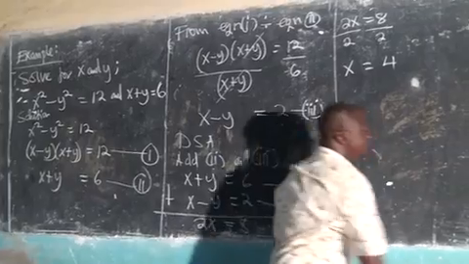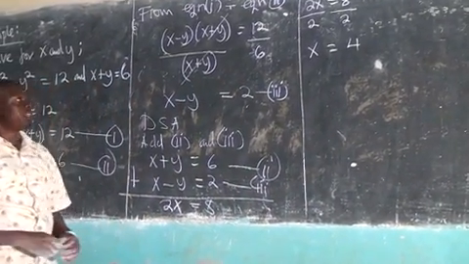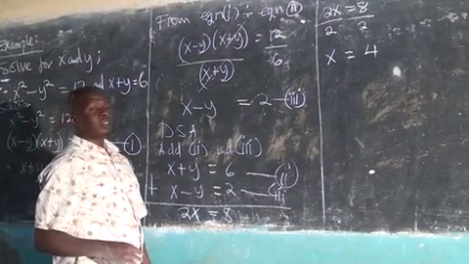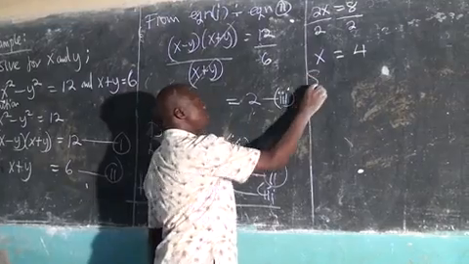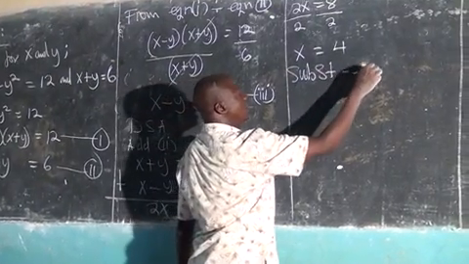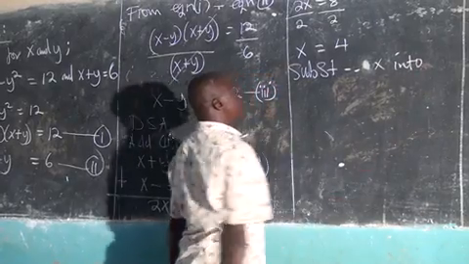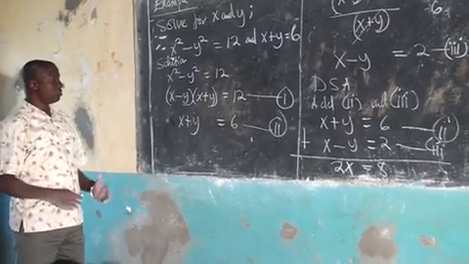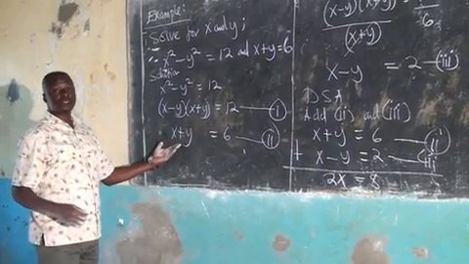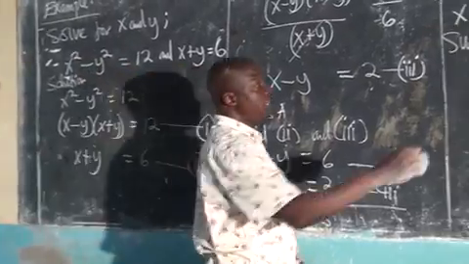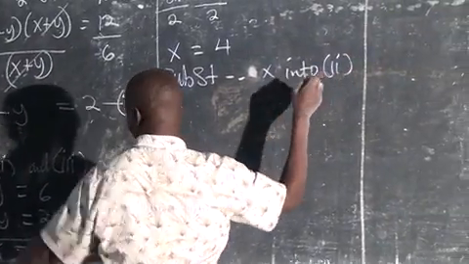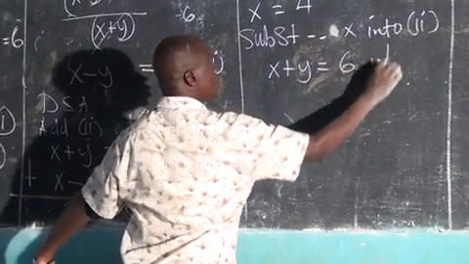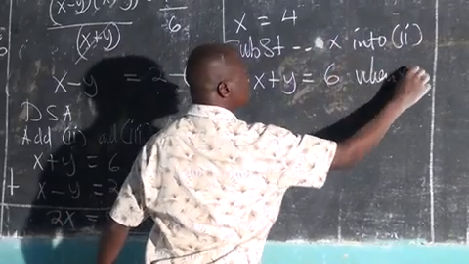So the x value is 4, but we don't have the y value yet. Let us get the y value. We substitute x into any of the equations. Pick any of your choice, but I prefer equation 2. That is x plus y equal to 6, when x is 4.